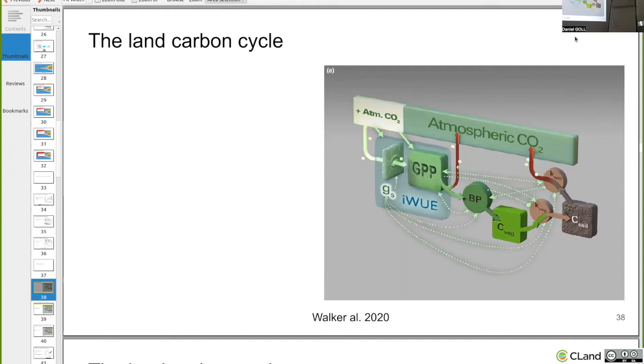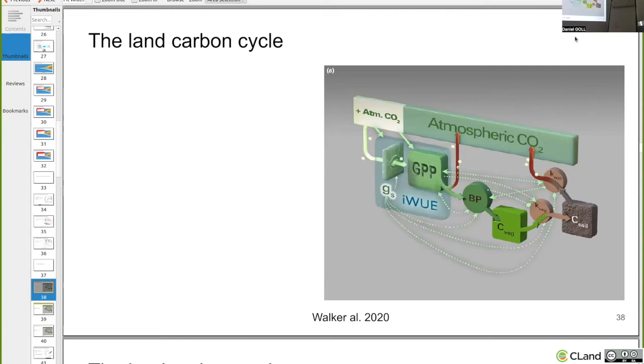Part of these carbohydrates is respired back to the atmosphere by plants to fuel their activity. So plants have to eat like we have to eat. And the remainder is used to build up biomass, like growing leaves and wood.